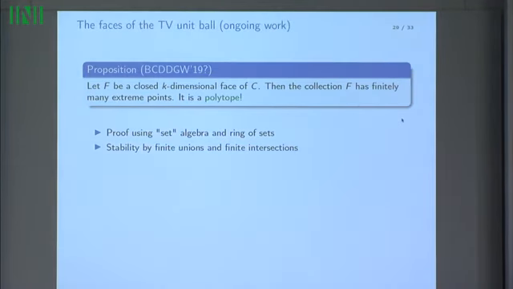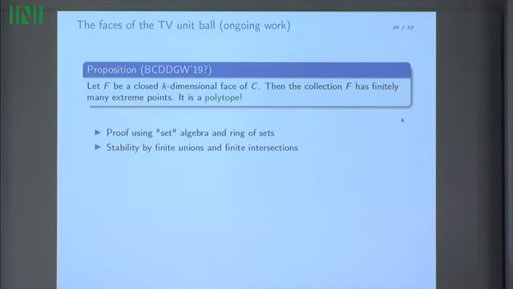And we have ongoing work about understanding the faces of the total gradient variation ball. We were afraid that on the surface of this ball, some finite dimensional face could be spanned by an infinite number of extreme points, like a nasty face.